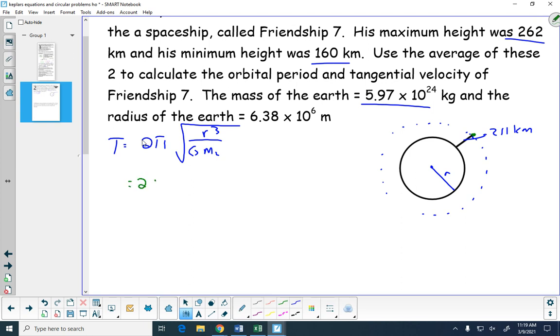We have to deal with the radius. What's our radius here? What do we have to do? Ozzy? 6.38.